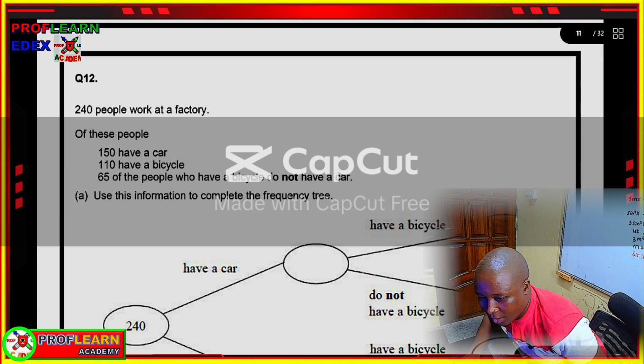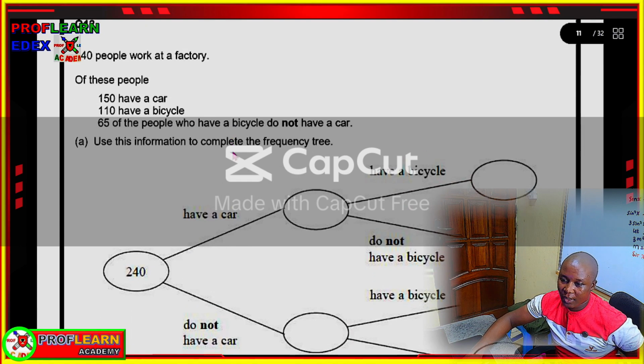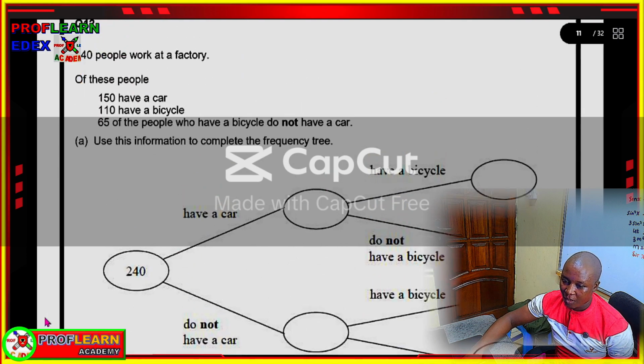This question is, we are told that 240 people work at a factory, 150 have a car, 110 have a bicycle, 65 people do not have a car. Use the information to complete the diagram. So 240 are working. Those that have a car are 150 from this.